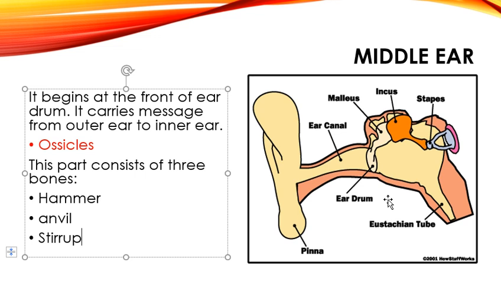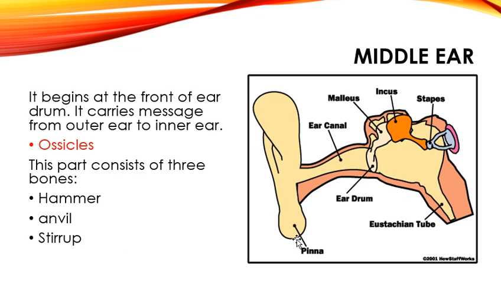The stirrup bone is attached to the anvil bone at one end and to the oval window at the other. Thus, the stirrup bone transfers the whole pressure of sound waves coming from outside to the oval window.